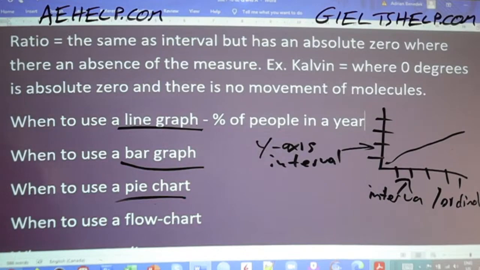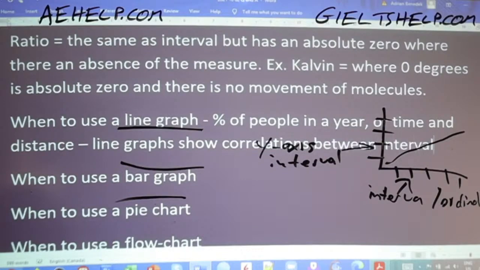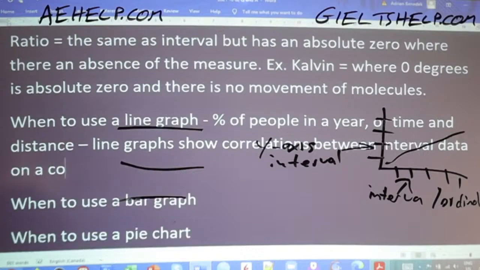Yeah. So line graphs show correlations between interval data on a continuous path. That's probably a better way to word that, but you get the idea.